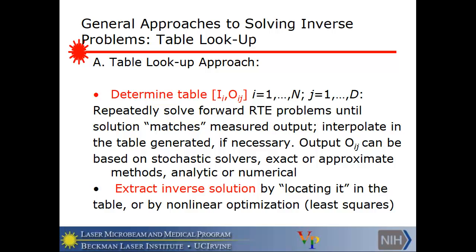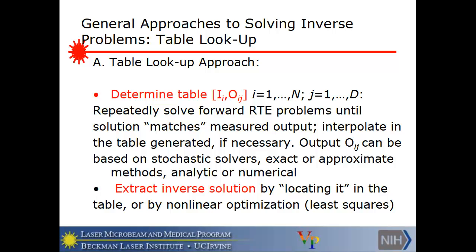Let me talk very briefly about table lookup. You have a set of input data and output data. You have J, say J goes from 1 to D, where D is the number of detectors, and you have O_IJ for I ranging over the number of problems that you solve in the forward direction.